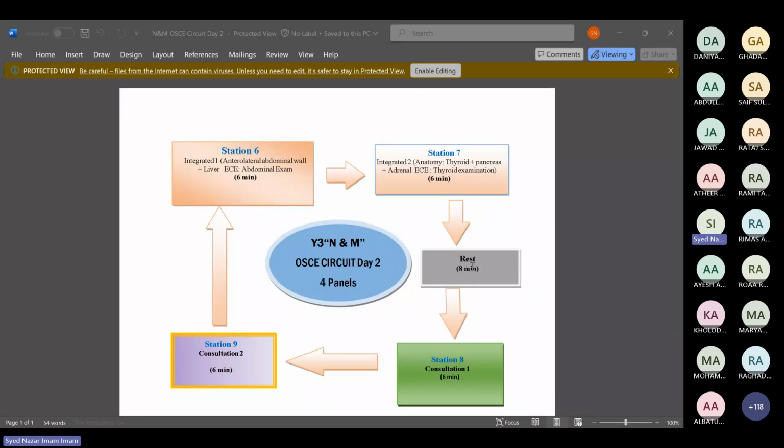Now, if you have any questions, you can ask me. Would you kindly send the two lectures of the anterior lateral abdominal wall? This was asked by one of the students, and I told them that the content is the same, about the different muscles, everything.